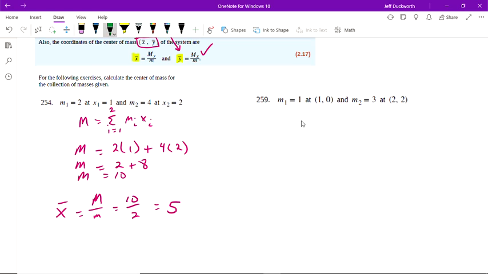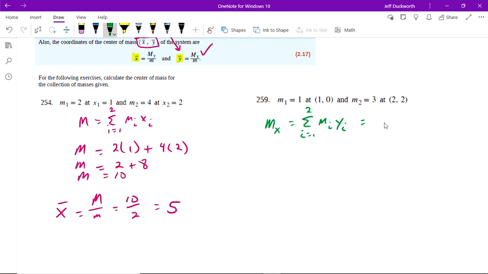All right, so number 259, it's a similar procedure, but here we're looking at ordinal points, so we're dealing with a plane. So we will find mx, and that will deal with the y's, that sum i equals 1 to 2 of the mi times yi.